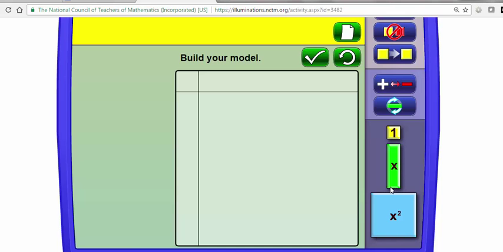And the yellow one here is a 1 by 1. So I'm going to take the expression x squared plus 6x and complete the square on it. I'm going to put an x squared out here, and bring 6 x's out here.